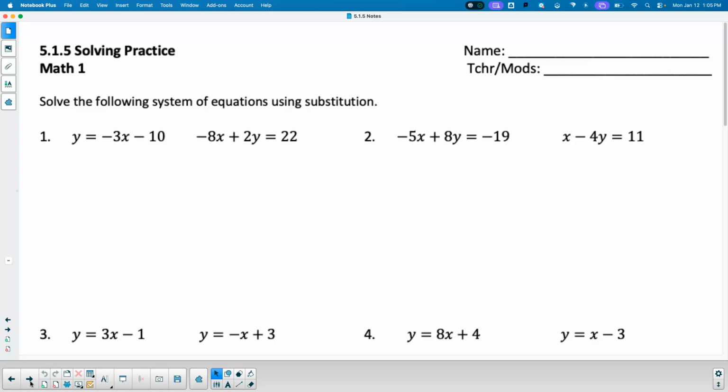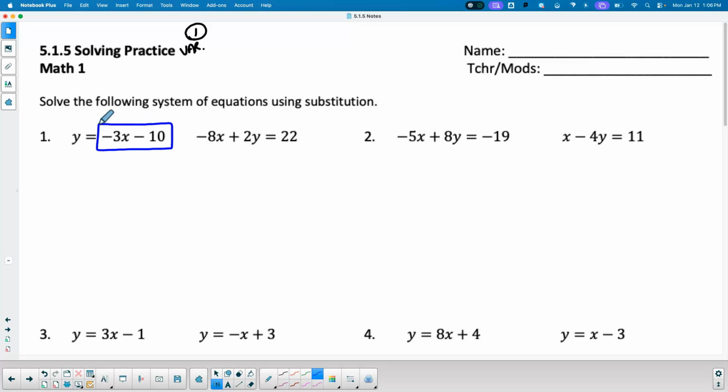Refreshing our memories, the first thing that we have to do when we're solving by substitution is we got to get one variable all by itself. Okay? So one of the equations for one of the variables all by itself. Sometimes it'll be done for us, sometimes it won't. In this particular case, in number 1, it is done for us, so we have y already solved for.